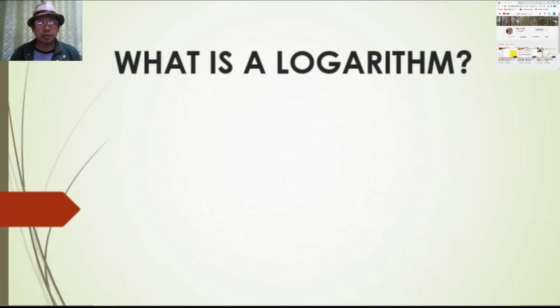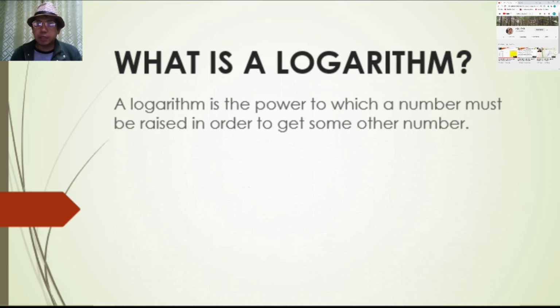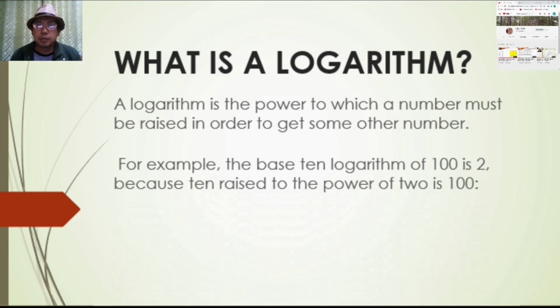What is a logarithm? A logarithm is the power to which a number must be raised in order to get some other number. Now, how do we understand this one? Let's try to consider an example or illustration. The base 10 logarithm of 100 is 2, meaning to say this is actually log of 100 to the base 10 is 2, because 10 raised to the power of 2 is 100.